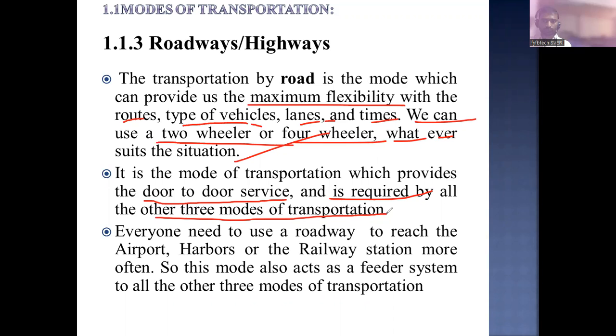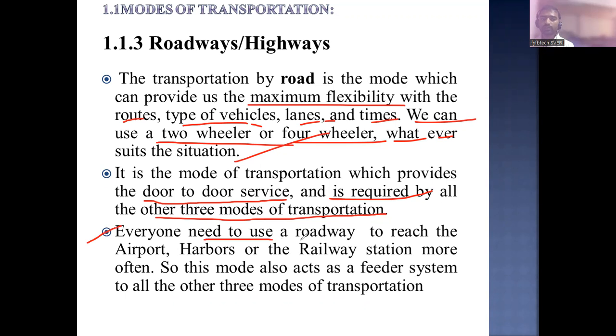If you want to go by flight, you have to travel first by roadway, then go to the flight. It means the roadway or highway is the mode of transportation which provides door-to-door service, and it is required by all other three modes of transportation.